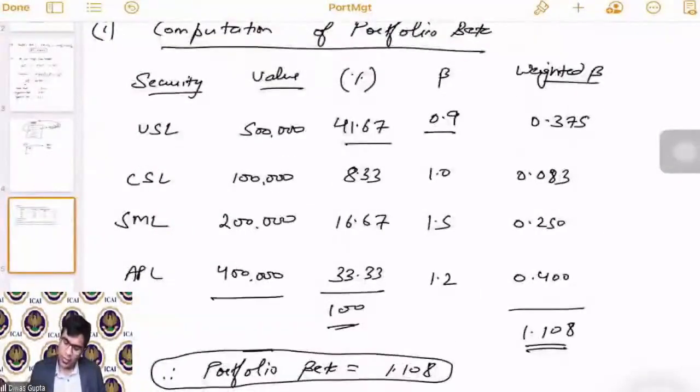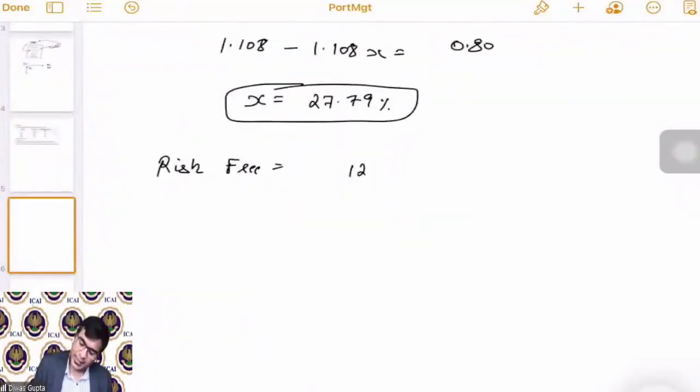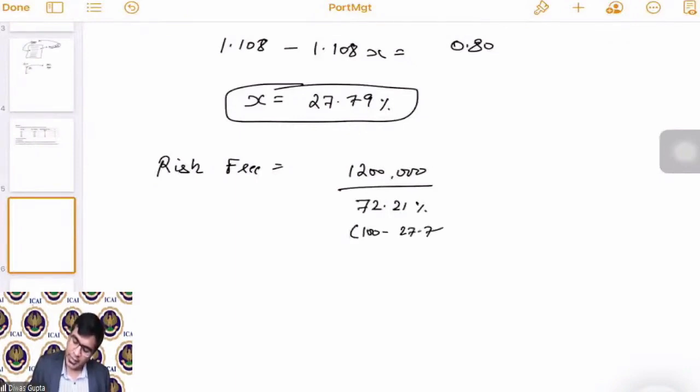See, already we are holding how much? 5, 6, and 6, 12. 12 lakhs is what we are carrying already. Correct? So this 12 lakhs is 72.21 percentage, which is nothing but 100 minus 27.79.